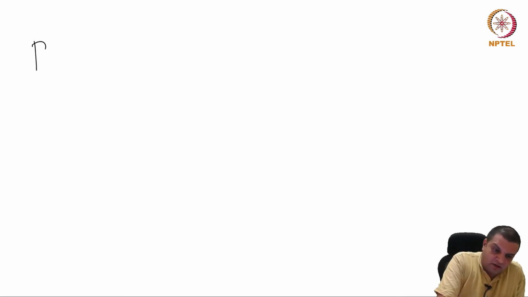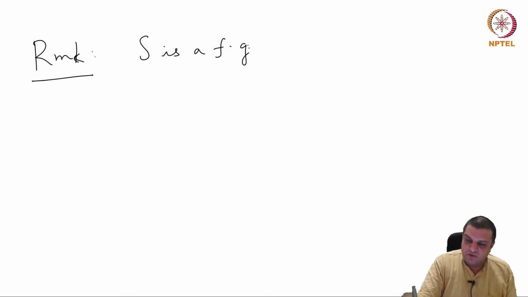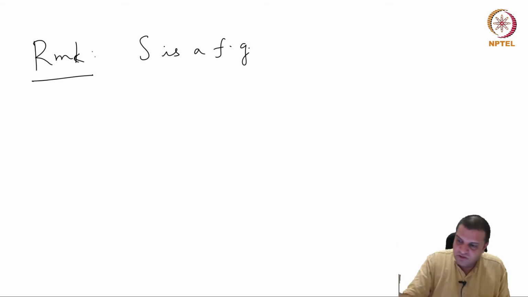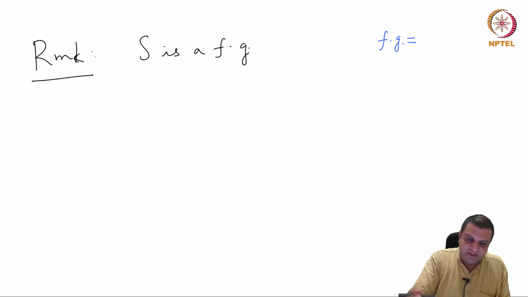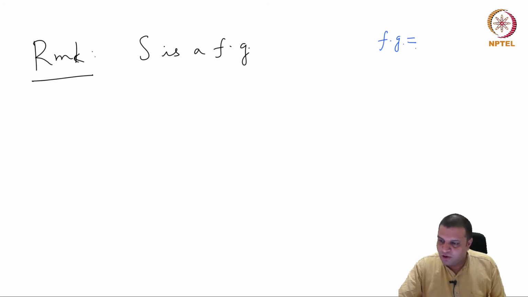And here is a remark, which I will sketch in the exercises. We have to write finitely generated a lot in these notes, so fg denotes finitely generated, whether it's an algebra or an ideal or later modules.